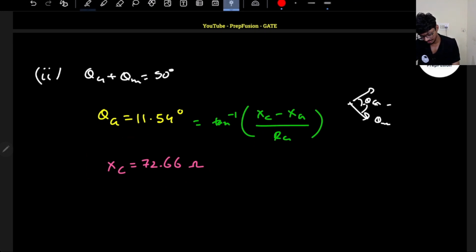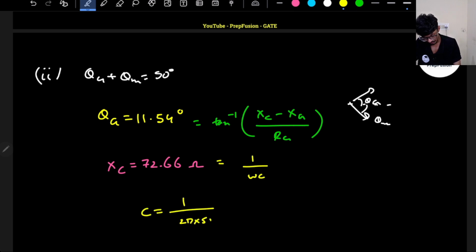So this is my Xc, right? What is my C basically? I know Xc is equal to 1 by omega C. So your C will be 1 by 2 pi into 50 into 72.66. So it comes out to be 43.8 microfarad.